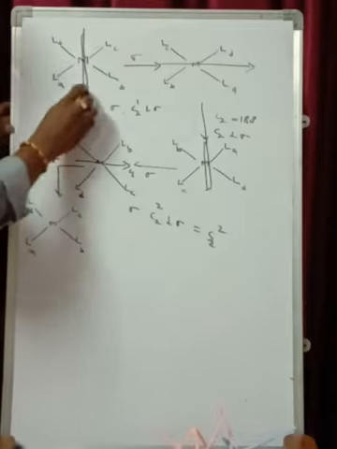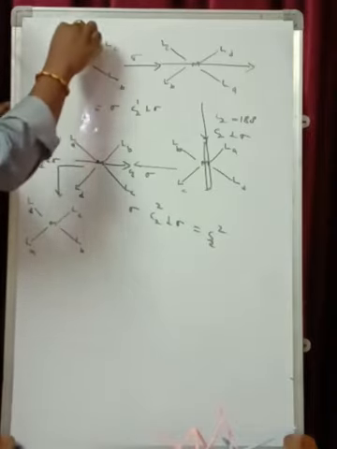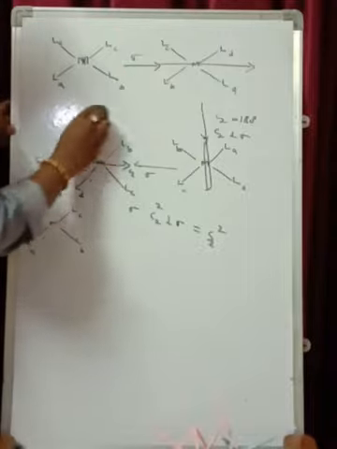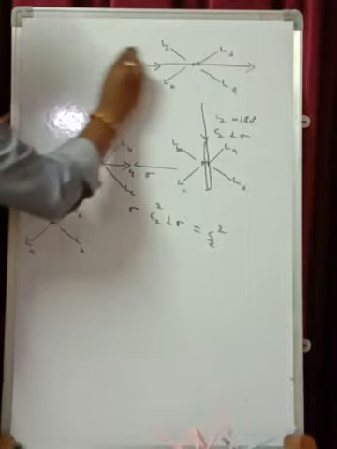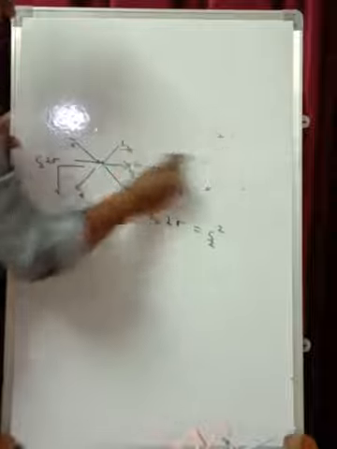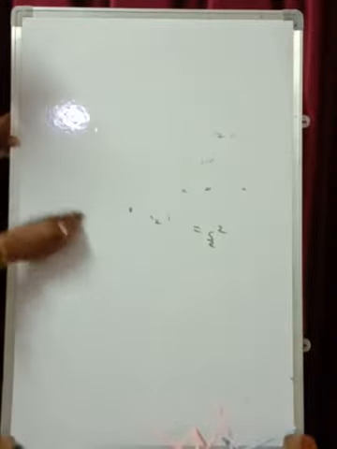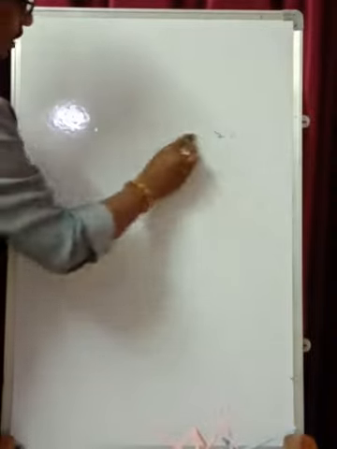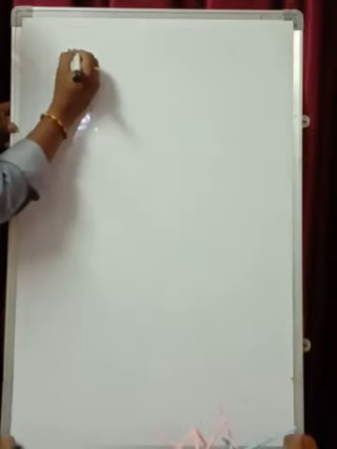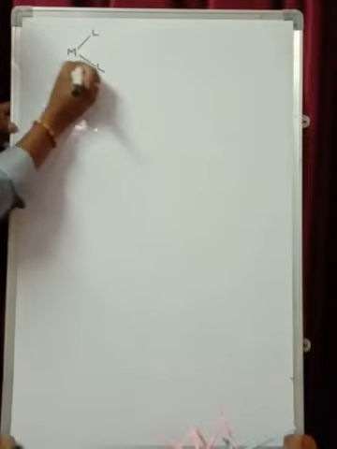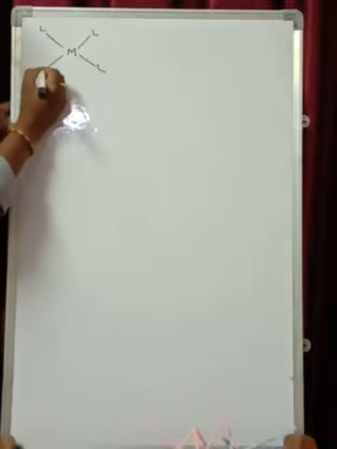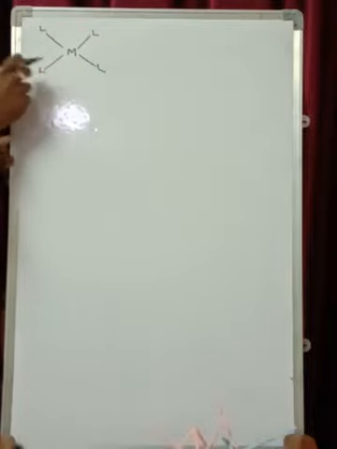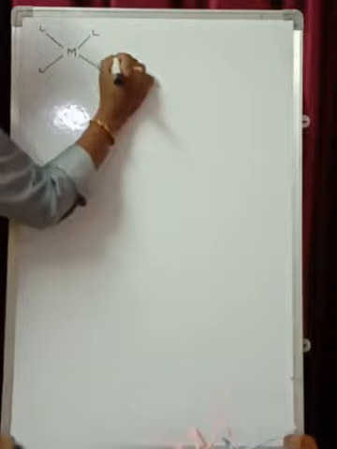Not only S2, this molecule also has an S4 improper axis of symmetry. Now let us take that S4 improper axis of symmetry, which is also present in this ML4 square planar complex.